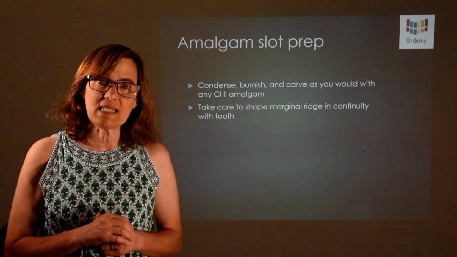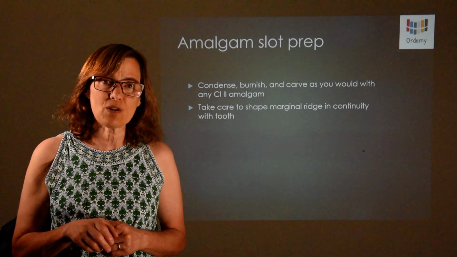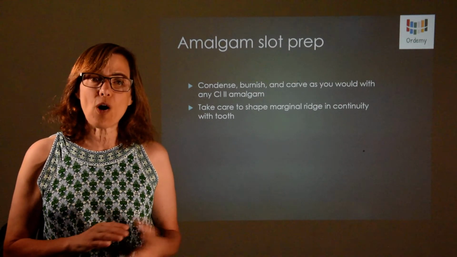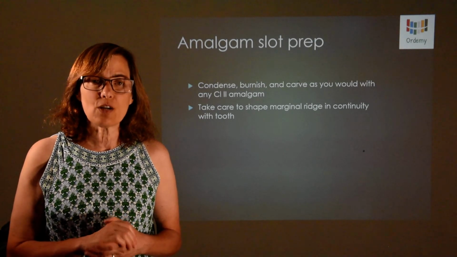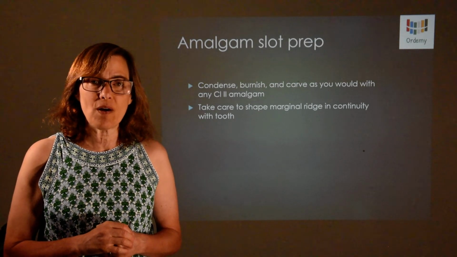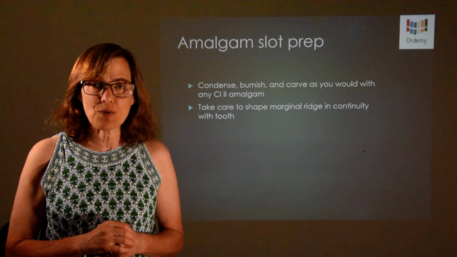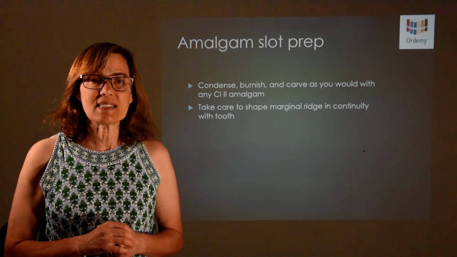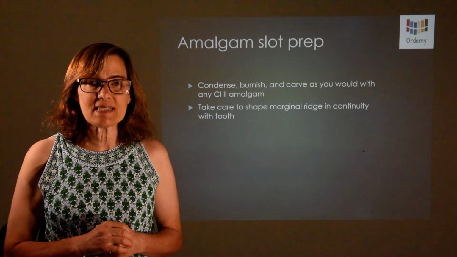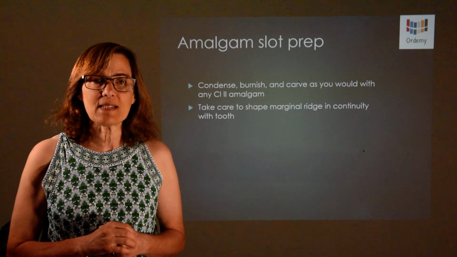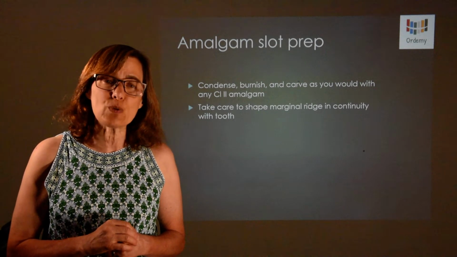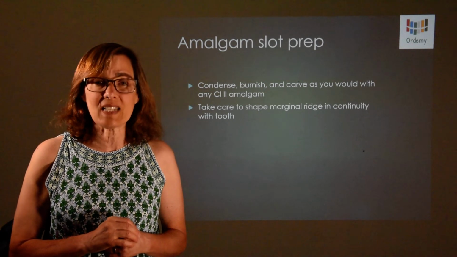We need to make sure that the marginal ridges have no occlusal contact. With all of those in place, you should have a successful restoration. The patient will be happy, and you should be pleased at your ability to restore the tooth to the best of its function using the material with its limitations.